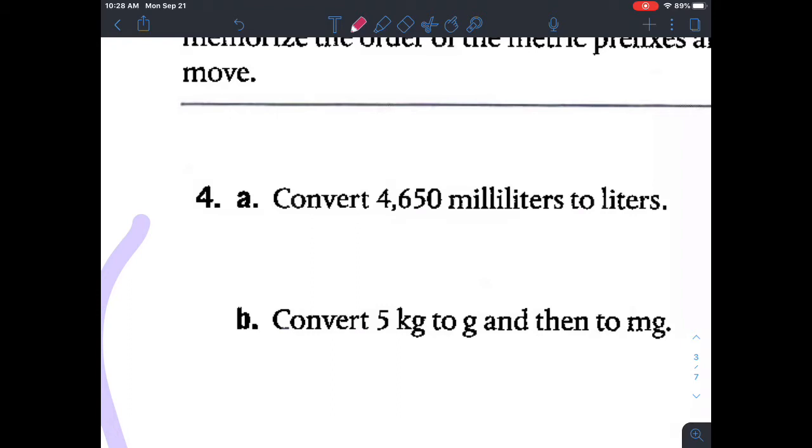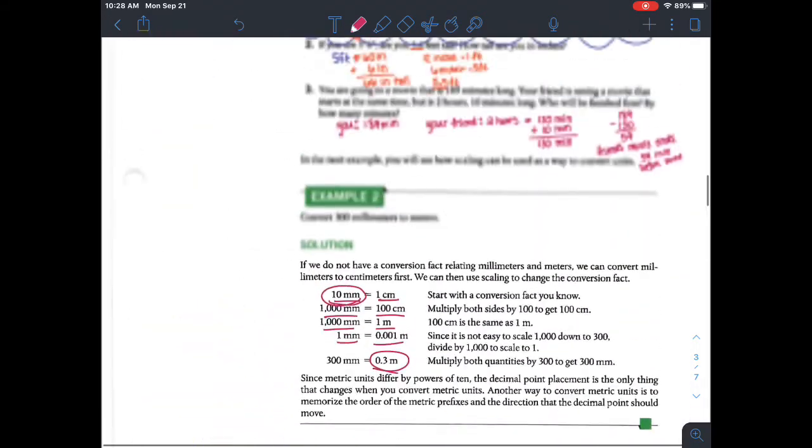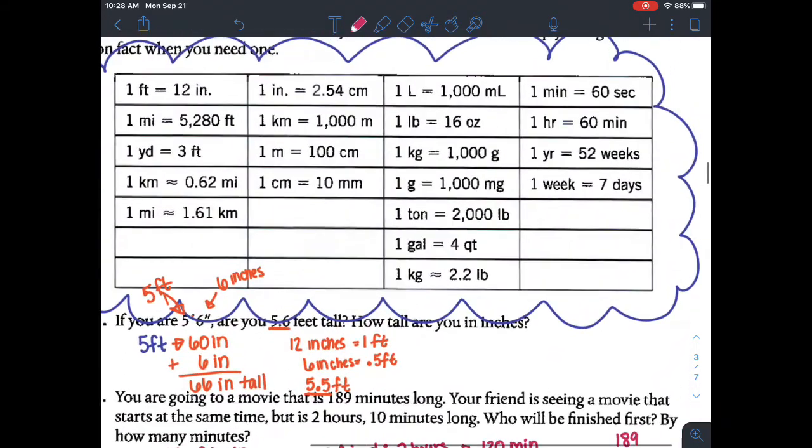So convert 4,650 milliliters to liters. Milliliters is smaller than liters. So I have 4,650 milliliters.